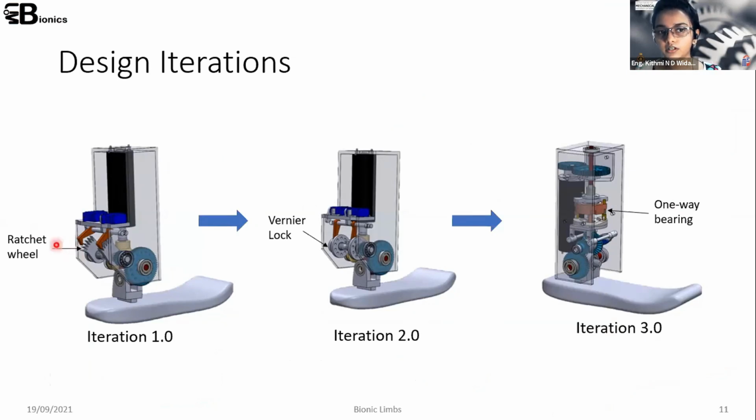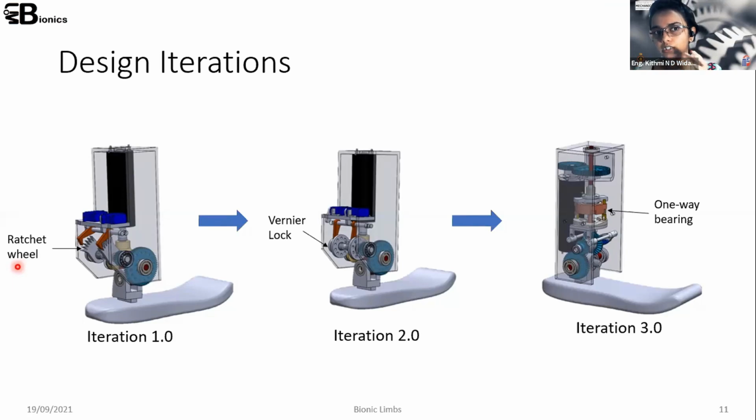We tried to use several mechanisms such as ratchet wheels, then a vernier lock, and we understood that to use these kinds of mechanisms, we need maybe an electromechanical system, something like a servo motor, to actuate the lock.